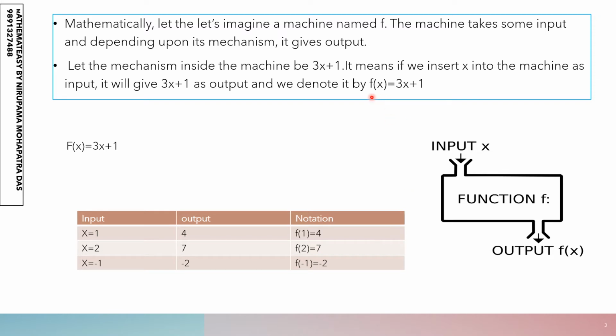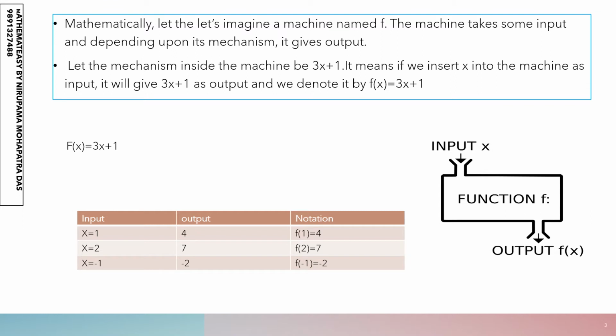So x we take on our own, so we call x the independent variable. Now depending upon x we get f(x). So y = f(x) is the dependent variable.